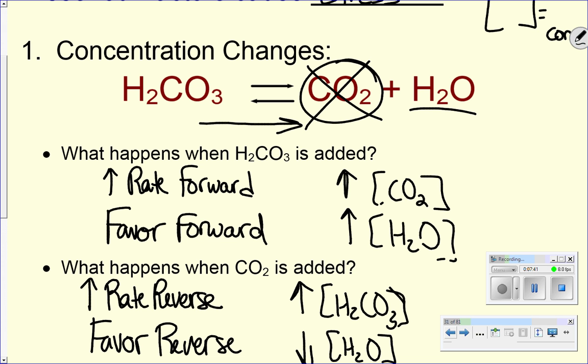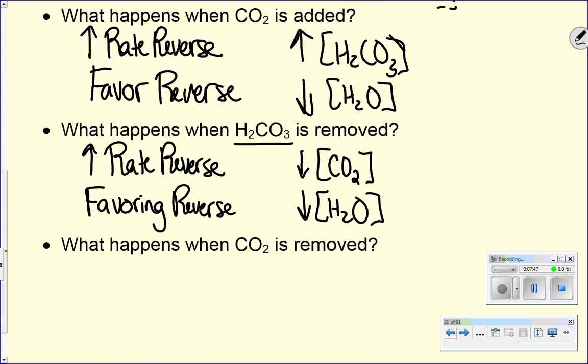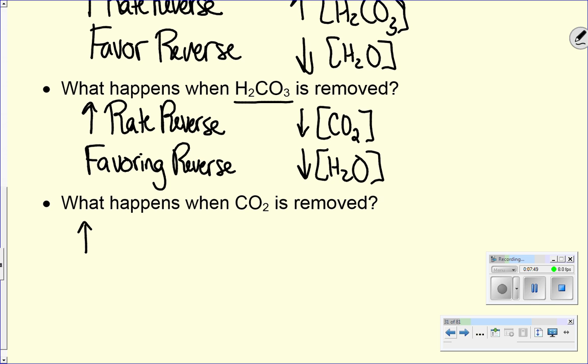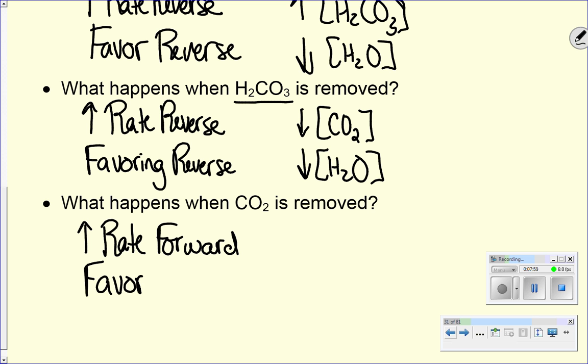However, we would have a drastic decrease in the amount of CO2 and H2O colliding going back in the other direction. So I'm going to increase the rate of the forward reaction. And when I say increase the rate here, I'm really talking relative to the other reaction. In other words, I'm favoring the forward reaction, or shifting to the right.